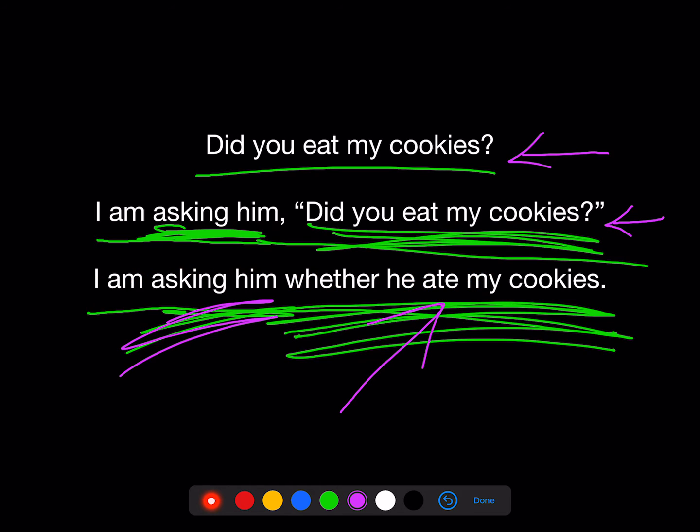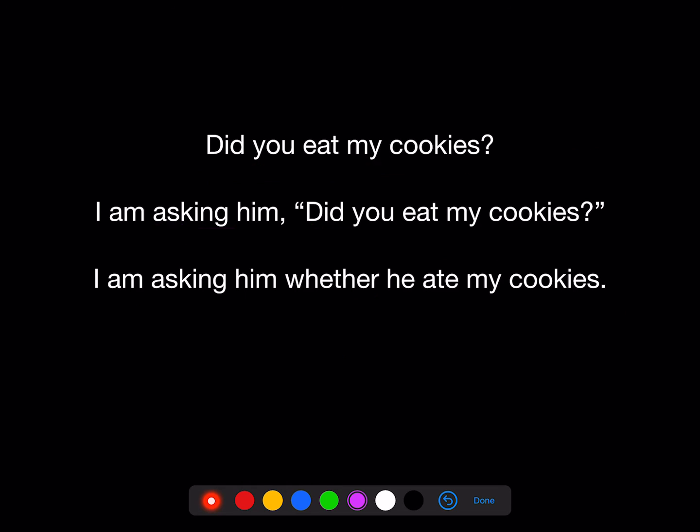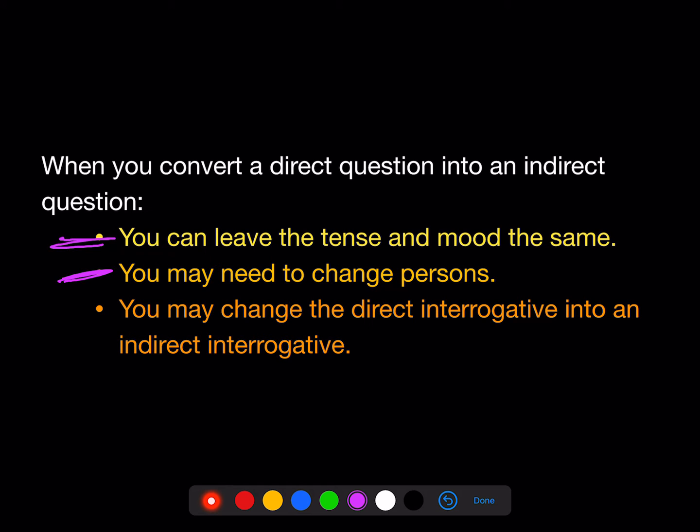So if we go back to my example here, right? Did you eat my cookies? That you eat, second person singular, right? I am asking him, did you eat my cookies? Second person singular. But when I made this an indirect question, I had to change it to a third person verb. And that may happen in Greek, but you can keep the tense and mood the same, okay?